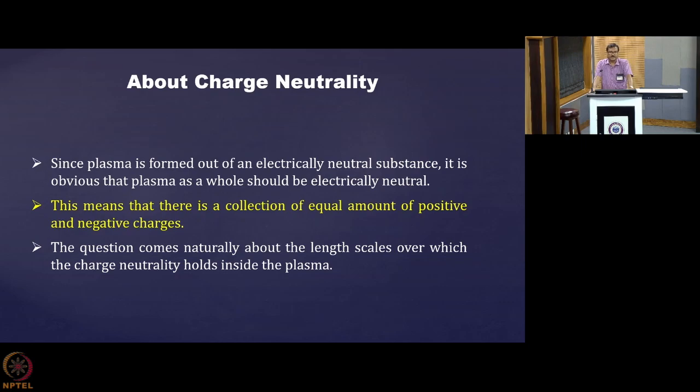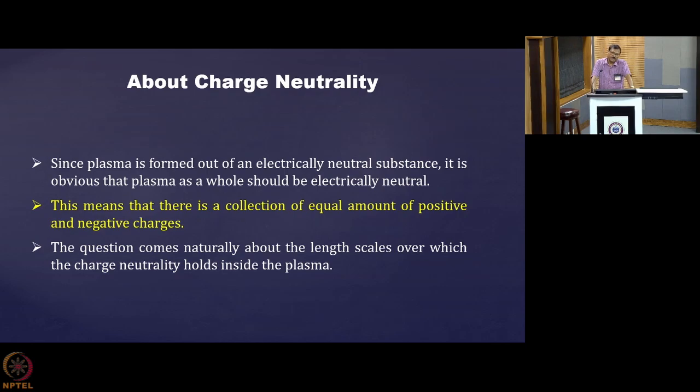So, about charge neutrality, plasma is formed of electrically neutral substance. For example, as I told you, if you keep on heating, then a time will come when the substance will reach the plasma state. Now, suppose we have taken a piece of iron, and as you know, this is neutral. So, the number of protons and number of electrons in each atom are exactly balanced.